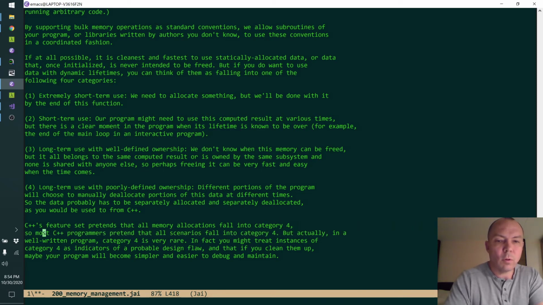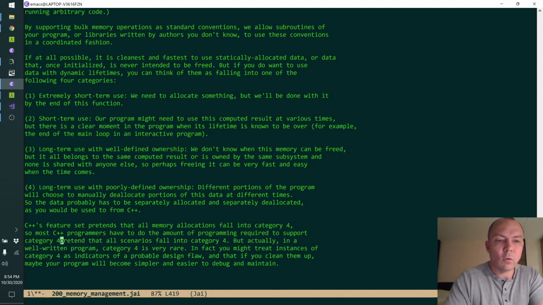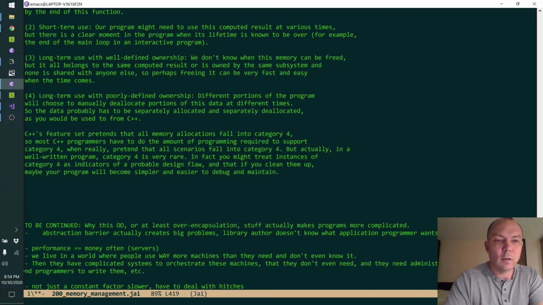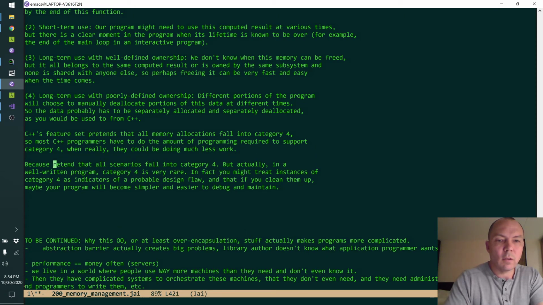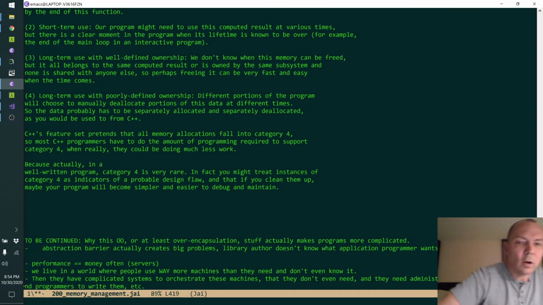So most C++ programmers have to do the amount of programming required to support category 4, when really they could be doing much less work, because actually in a well-written program, category 4 is very rare.